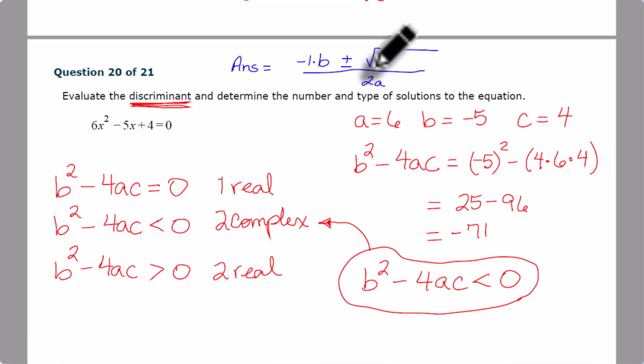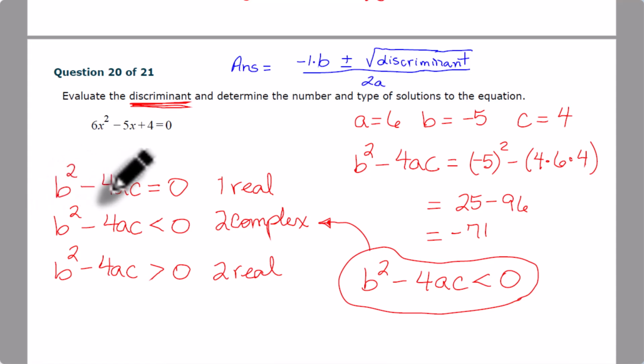This thing that's under there, we call it the discriminant. And it is b squared minus 4ac.